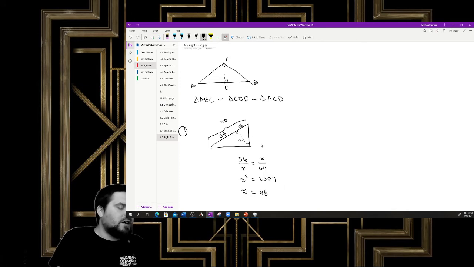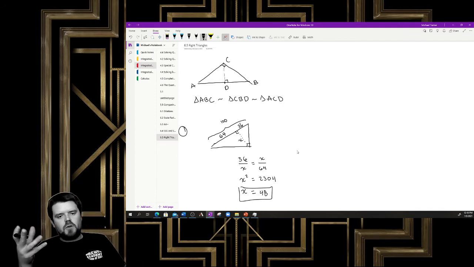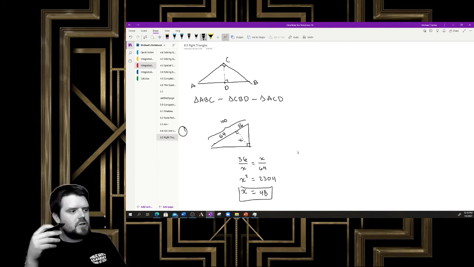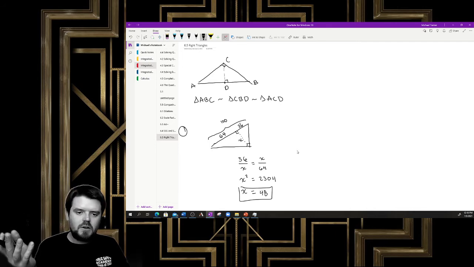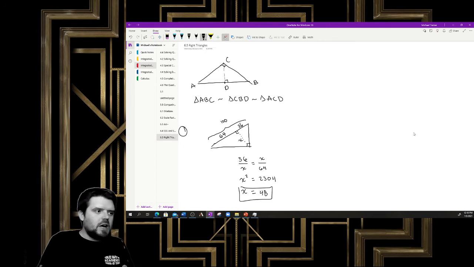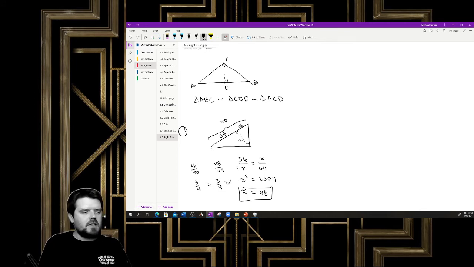So the missing value here would be 48. I would expect to see the setup here if you're doing this problem. So not just tell me x equals 48, I would expect you to show me how you got that. If you're uncertain, you can always check it. Remember, these are supposed to be proportional, so I can plug in 48, 36 and 48, 48 and 64. And if I reduce these fractions, these both end up being 3/4. So yes, that is my correct answer.